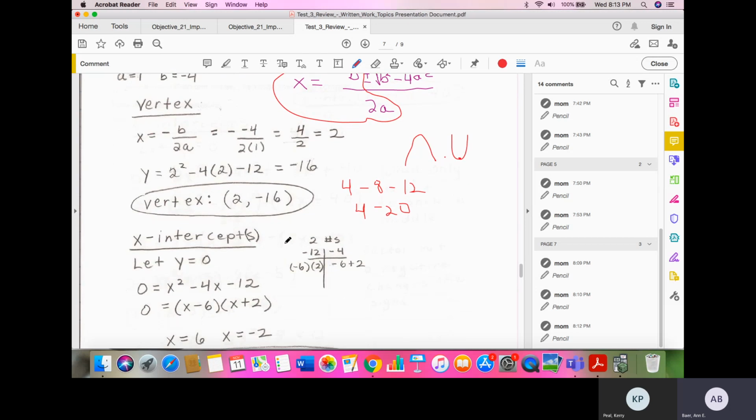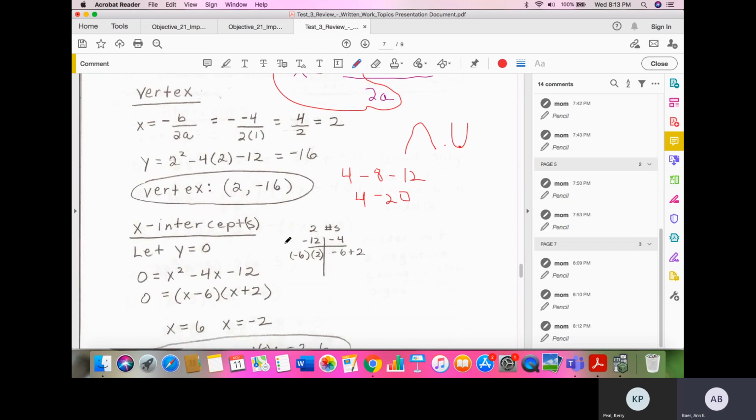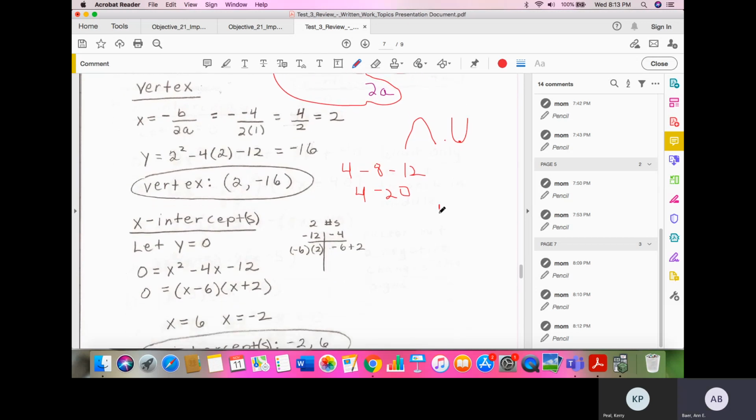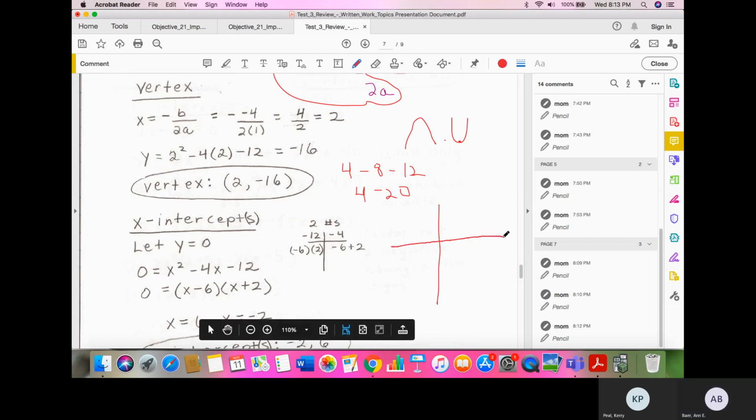Let's look at finding x-intercepts. So if we want to find an x-intercept, what do we do? Let me just mark this up a little bit. Let me put a parabola here. Here's an x-intercept right there. How would we find that? That could be at, say, 2, 3, whatever.